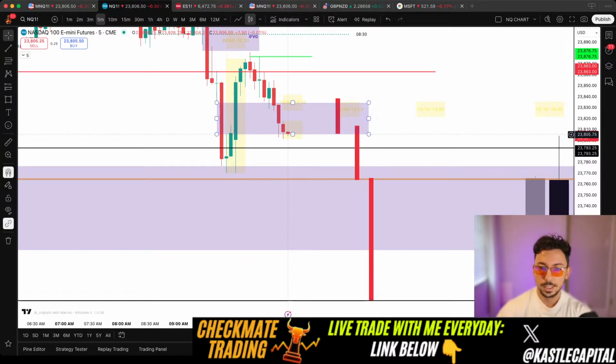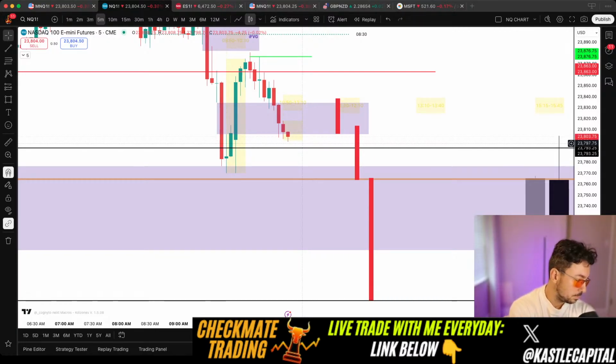So I would like to see massive downside movement on this 5-minute candle, or the next one. One of the two. So in the next 10 minutes, I'm going to say, if we don't see big movement in the next 10 minutes, then it is what it is.